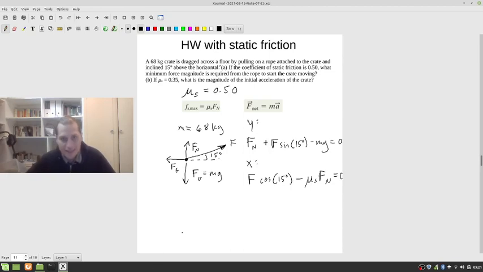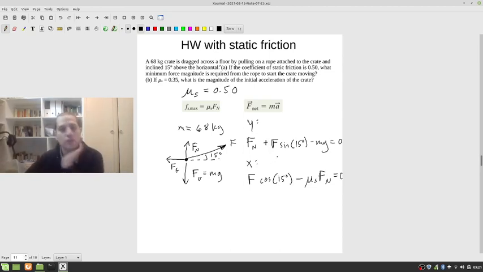Now, in this case, this is an equality because we're at that maximum force. Keep in mind that if I weren't pulling that hard, my force of friction would just be counteracting the amount of force that I'm pulling with. But here, we're told that we're pulling it and we're just going to get it moving. So that's where we're getting this relationship.